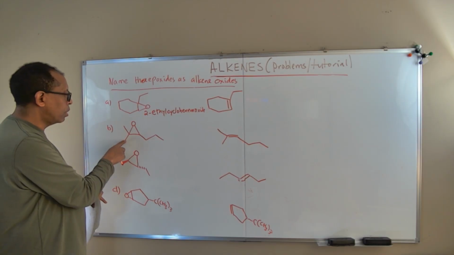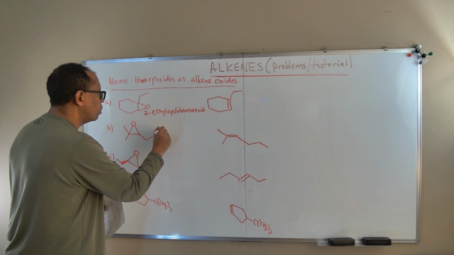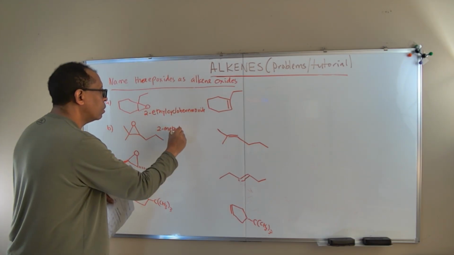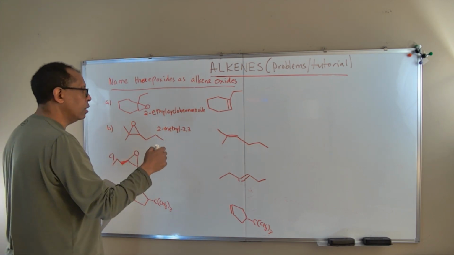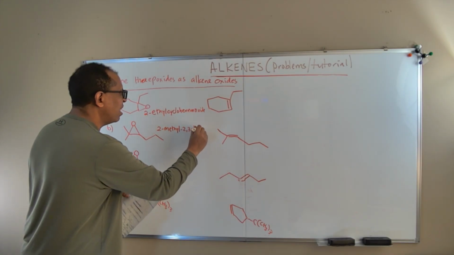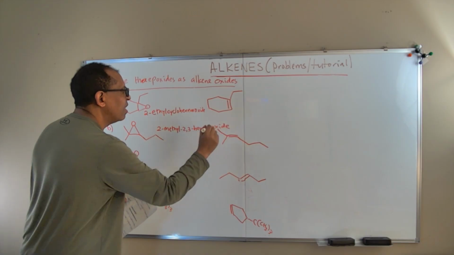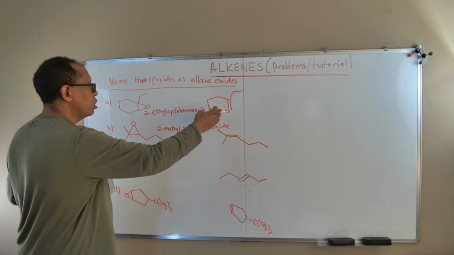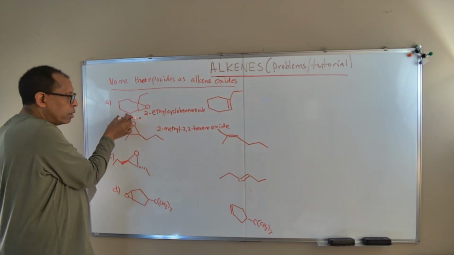So you would say 2-methyl, 2, 3, where the oxide is, hexene oxide. So this also shows you the relationship, how you can convert a cyclohexene compound to epoxide.